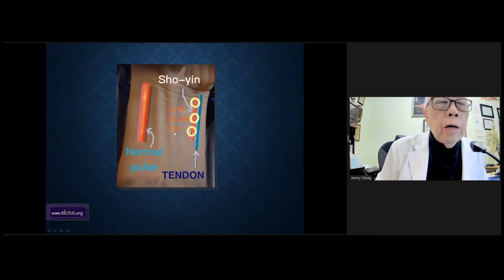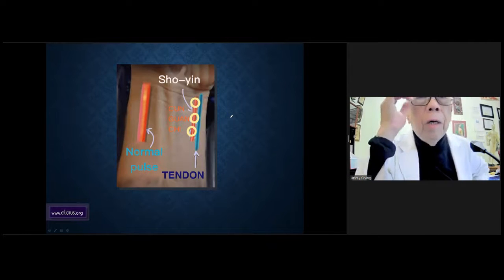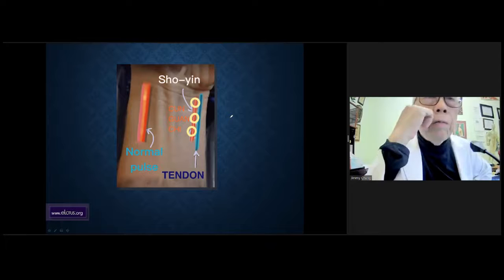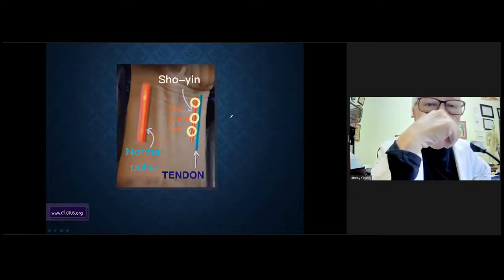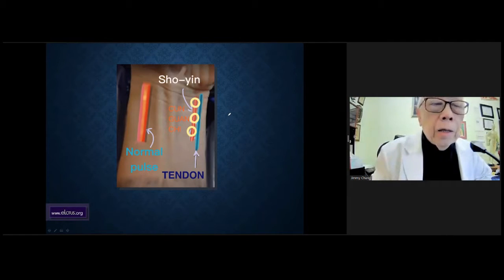For the right-hand side, well, sometimes it doesn't matter left or right. Only for the sex hormone. The sex hormone on the right-hand side is the male hormone. The left-hand side is the female hormone.